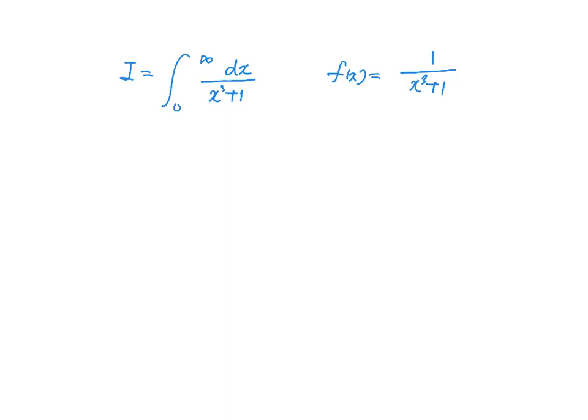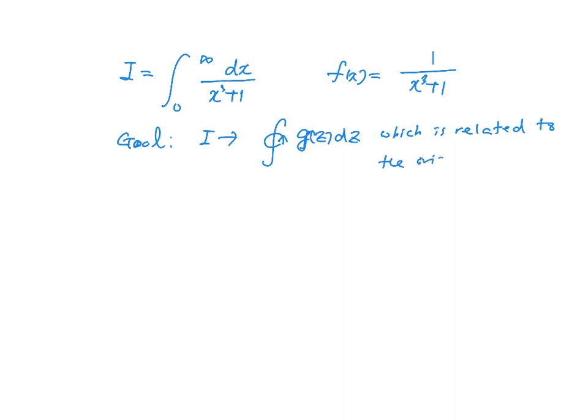And the goal is to transform it into something with 1 over z cubed plus 1, which is related to the original integral. This function is very tricky because at first the lower bound is 0 and the upper bound is infinite.